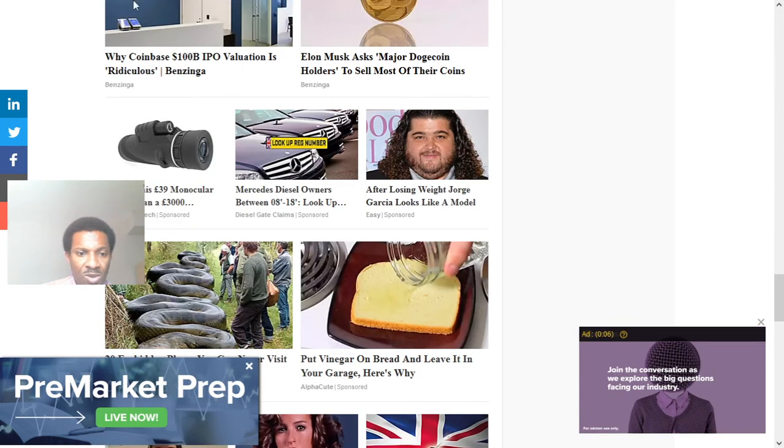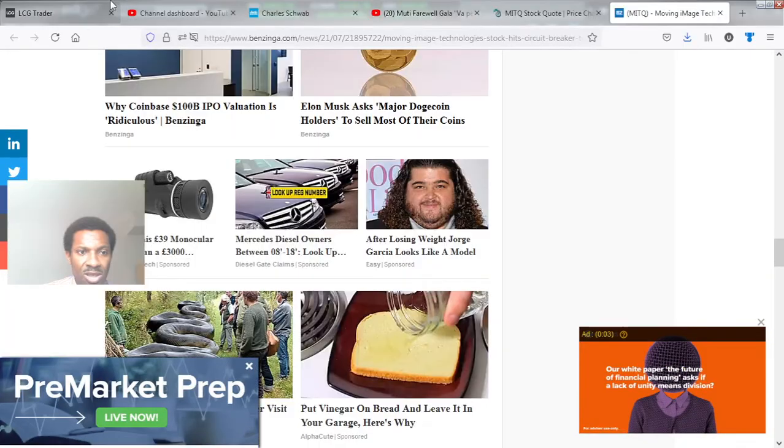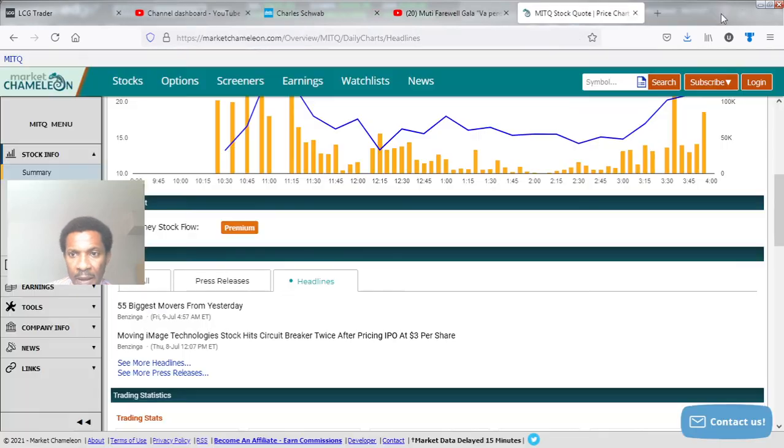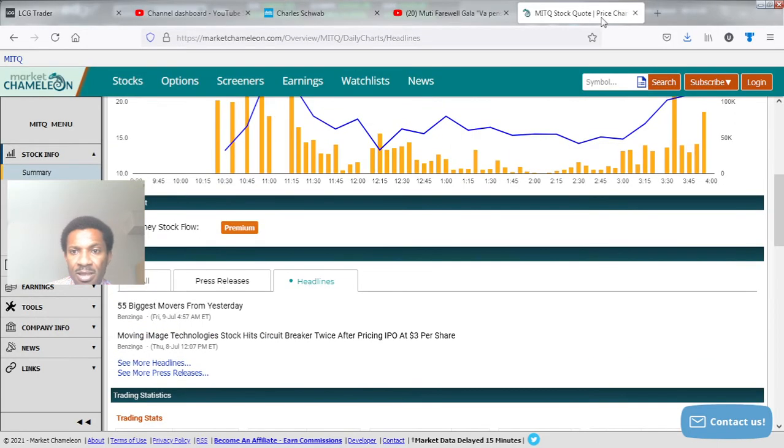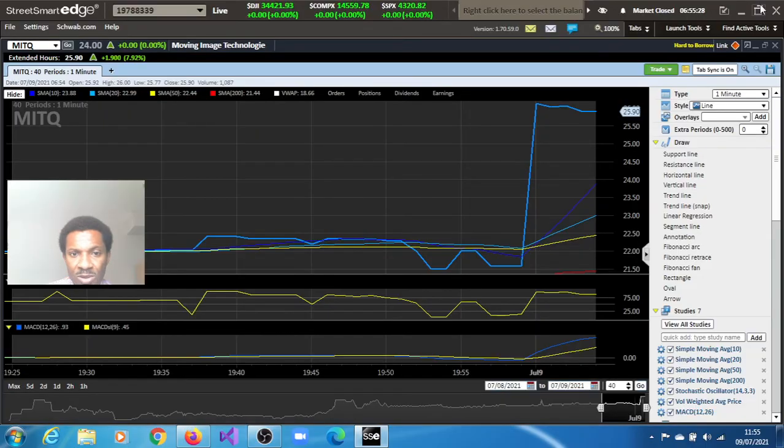So yes, that's what it is. That's the little we know about the stock. Okay, let's return back there and see what's going on. So it has lost some value now, down to 25.90.